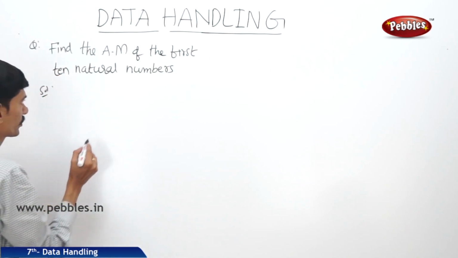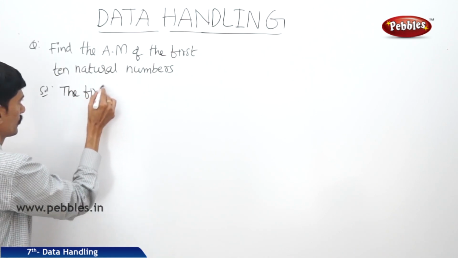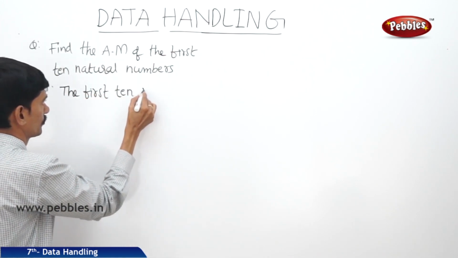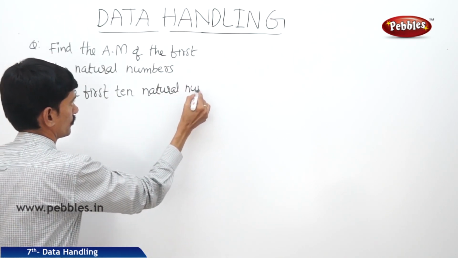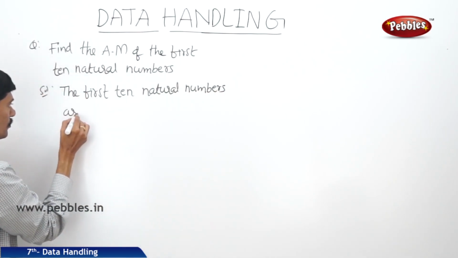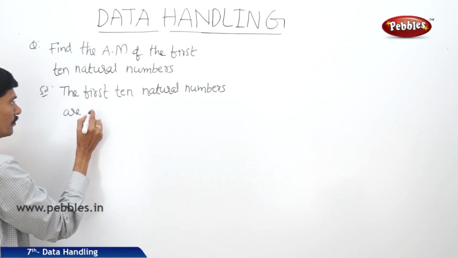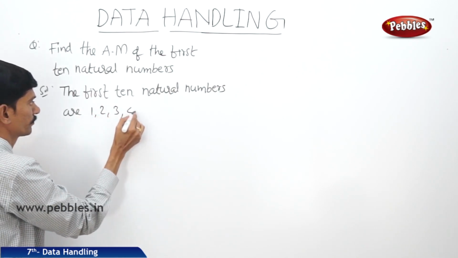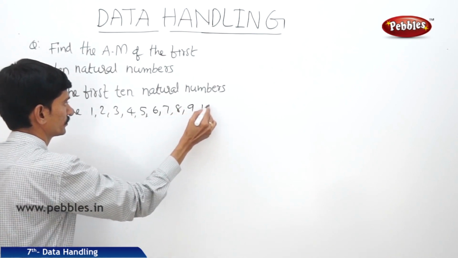The first 10 natural numbers are 1, 2, 3, 4, 5, 6, 7, 8, 9, 10.